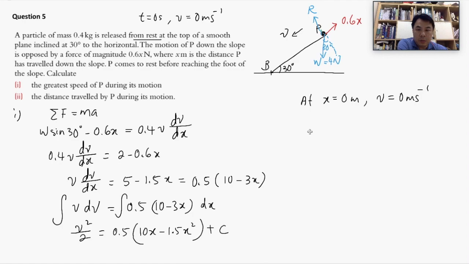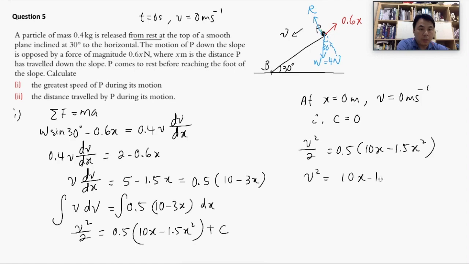We have 0, therefore it's quite obvious c is equal to 0. Then we can rewrite this equation as v squared over 2 equal to 0.5 times 10x minus 1.5x squared.